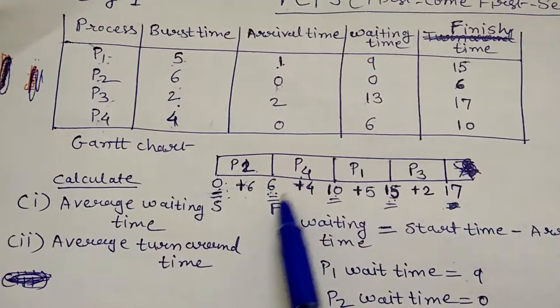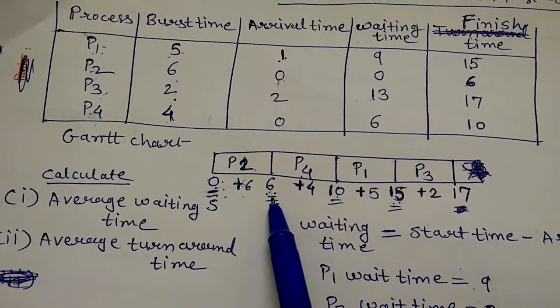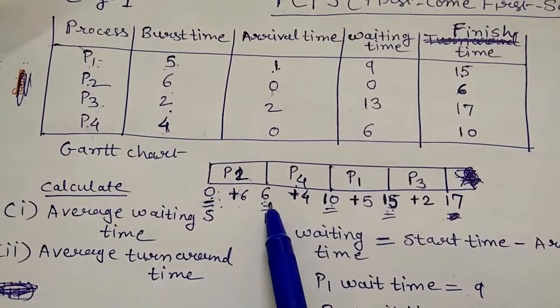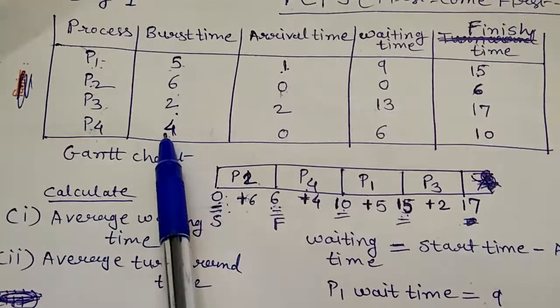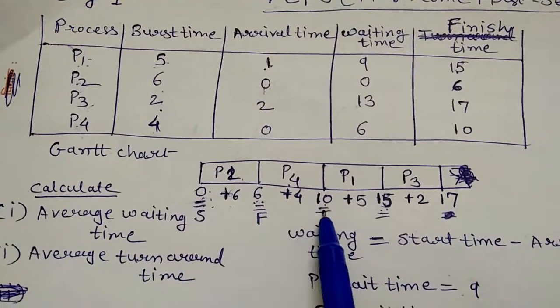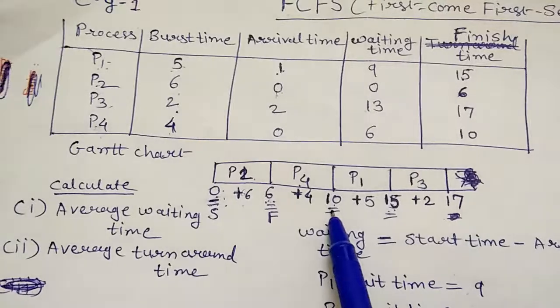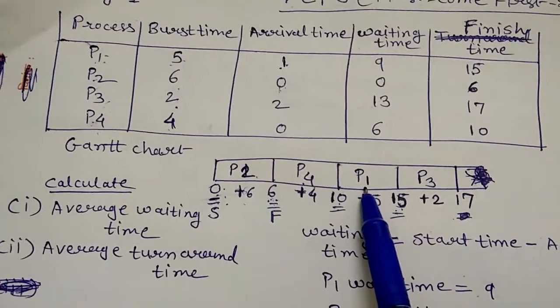So the starting time of P4 is 6. The start time of P4 is 6, but the burst time of P4 is how much? It is 4. So 6 plus 4 is 10. So at the 10th millisecond, P1 has started.